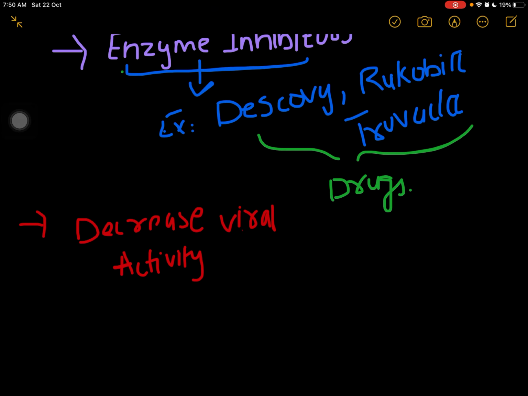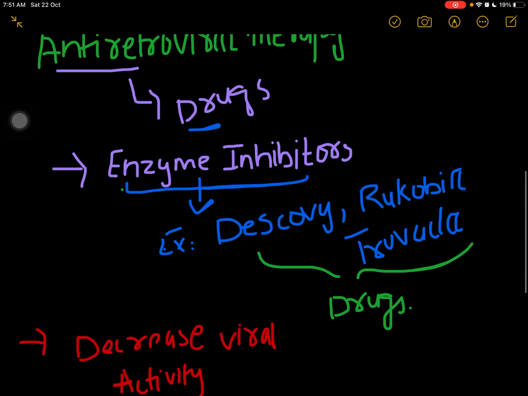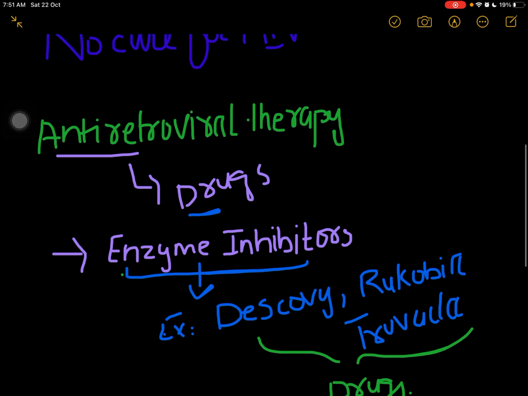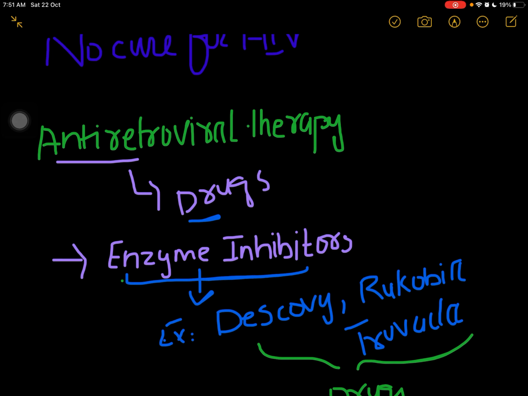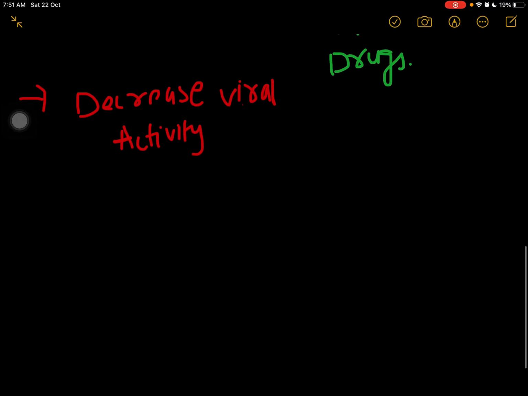In order to decrease viral activity in the cell, because when HIV makes its own genome through reverse transcription, it takes over the cell, controls all the cellular activities, and destroys T helper cells. So to decrease viral activity, we use these enzyme inhibitors as drugs, and this therapy is known as antiretroviral therapy.